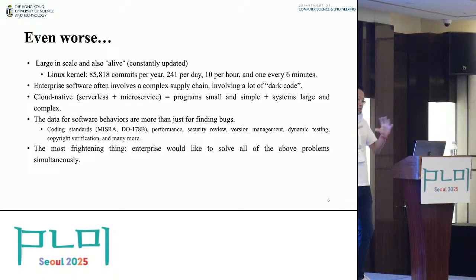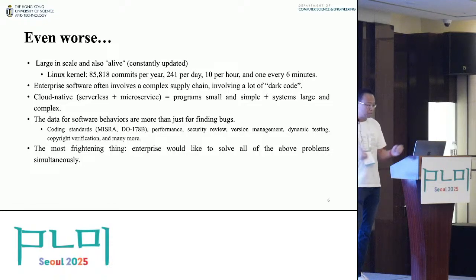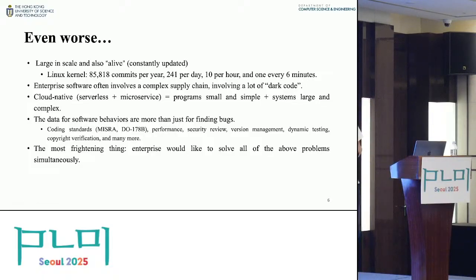So this degree of integration is only going to get bigger and bigger, right? Which means in your software, there's going to be a lot of what I call dark code, meaning software you have no control of. You don't even know what's inside, right? You purchase them in their compiled form.